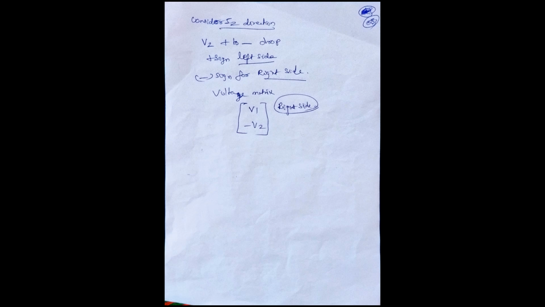Then V1, considering the I1 direction. That is the model for how to form the voltage matrix, signs and mesh equations.